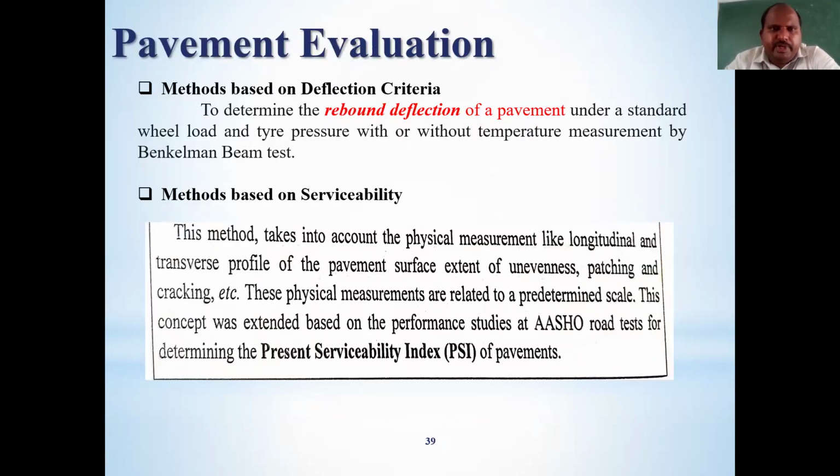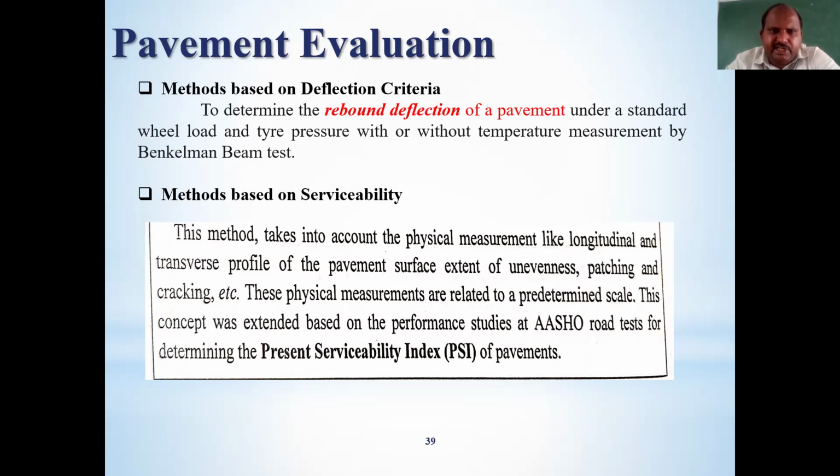Next one is pavement evaluation. So we are using various methods based on the deflection criteria to determine the rebound deflection of a pavement under a standard wheel load and tire pressure, with or without temperature measurement, by the Benkelman beam test. So methods based on the serviceability.